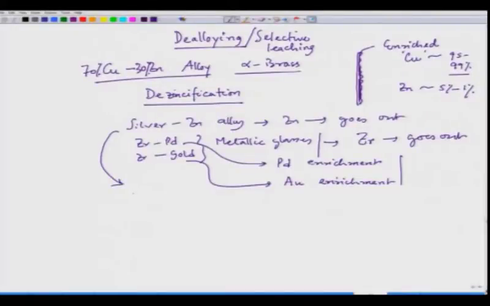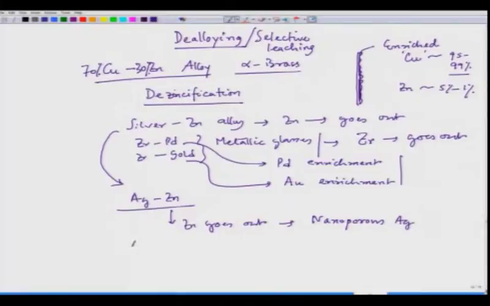For example, if we consider silver zinc, then zinc goes out and it leaves nanoporous silver.